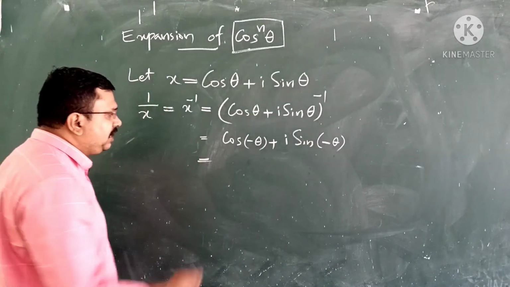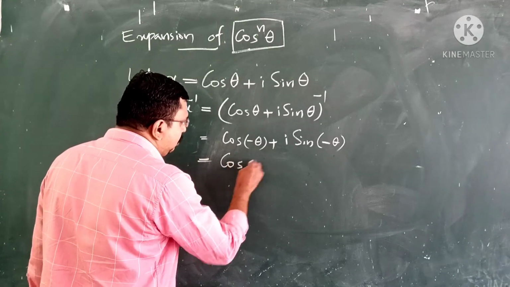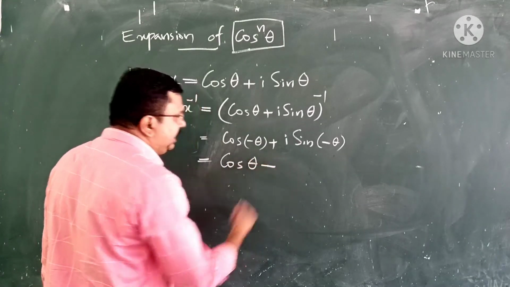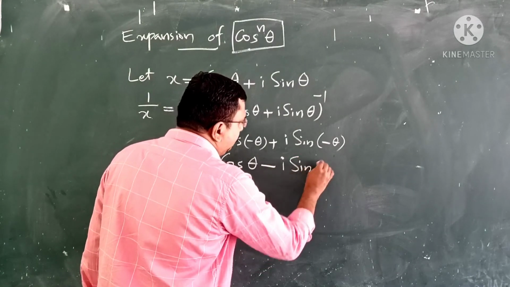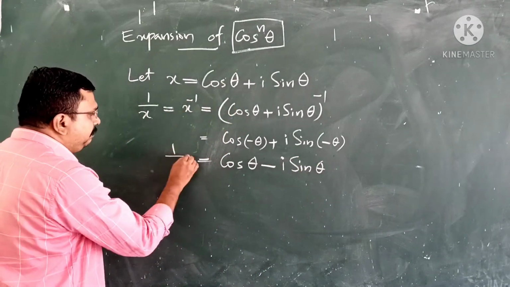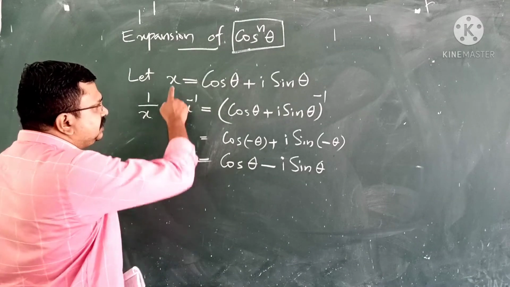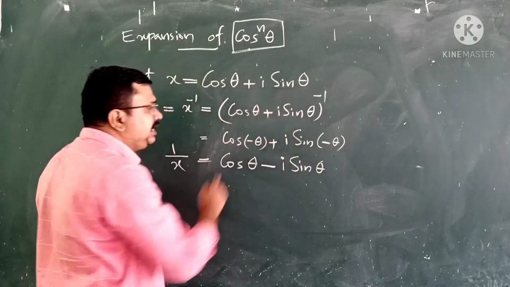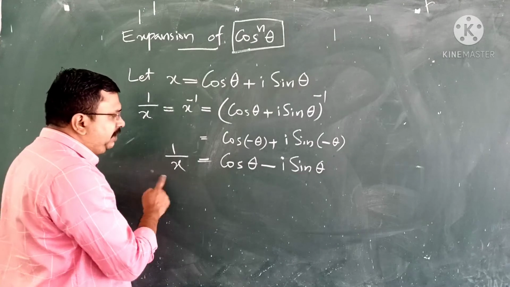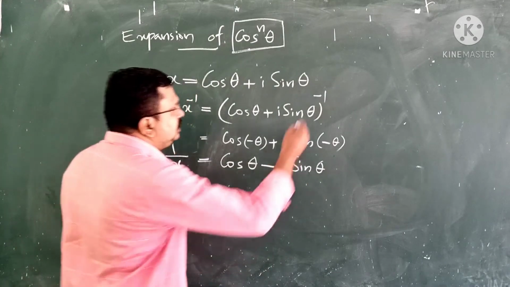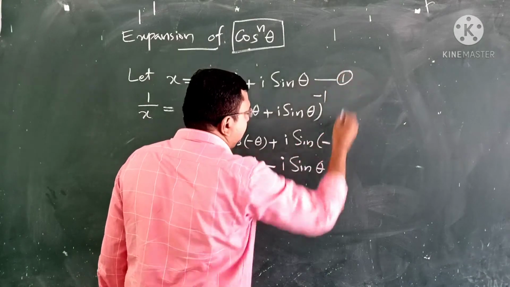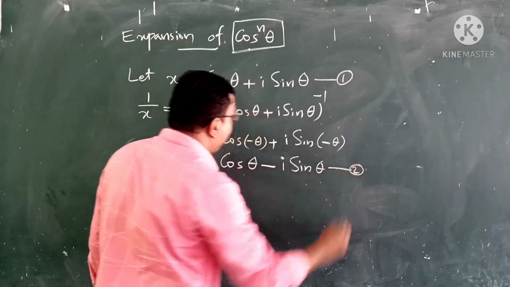Therefore, this can be written as cos theta minus i sin theta. That is our 1 by x. So x equals cos theta plus i sin theta, and 1 by x equals cos theta minus i sin theta. This is our equation number 1, and this is our equation number 2.